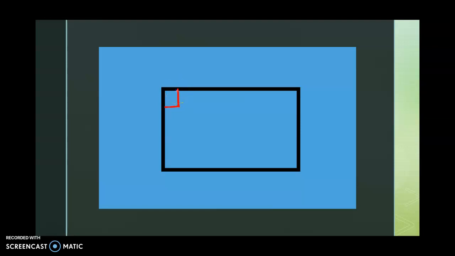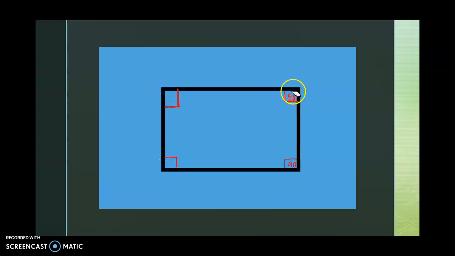We know that when there's a box on an angle, that's automatically 90 degrees. That's what that means. So we know all of these perfect corners are 90 degrees. So you should be able to add all those up and tell me what they add up to.